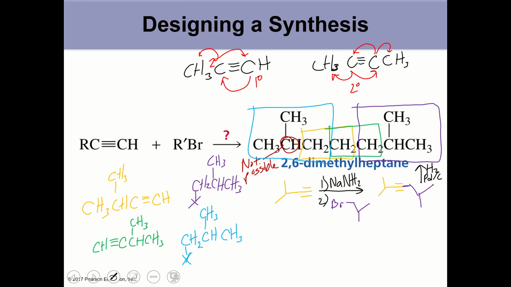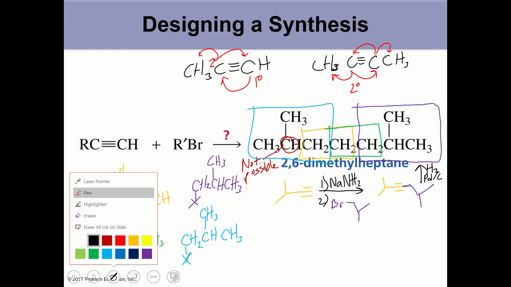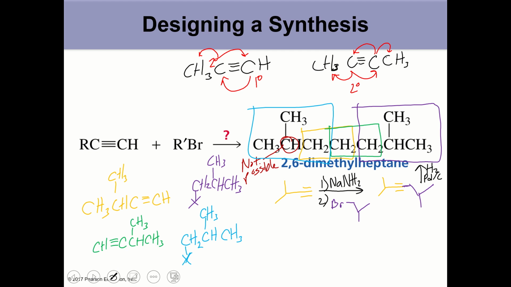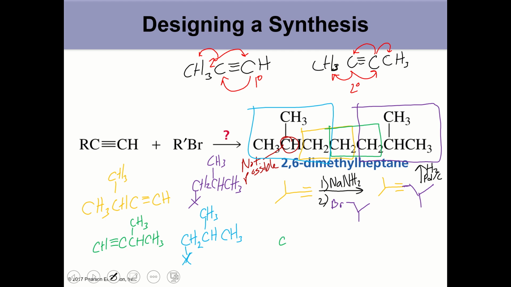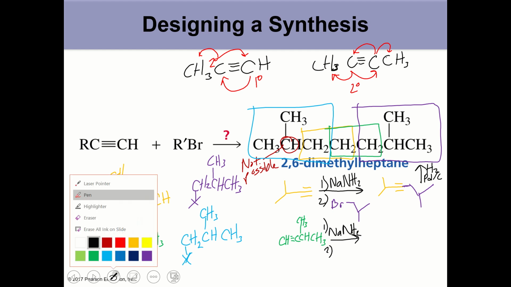We can go through this also with the second option. So I can take my alkyne, my green alkyne, treat with sodium amide 1 and 2 with my blue alkyl halide.